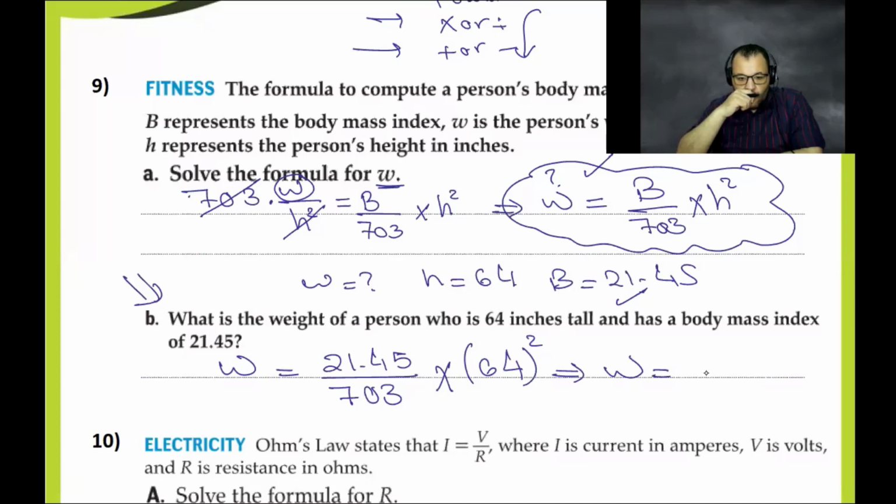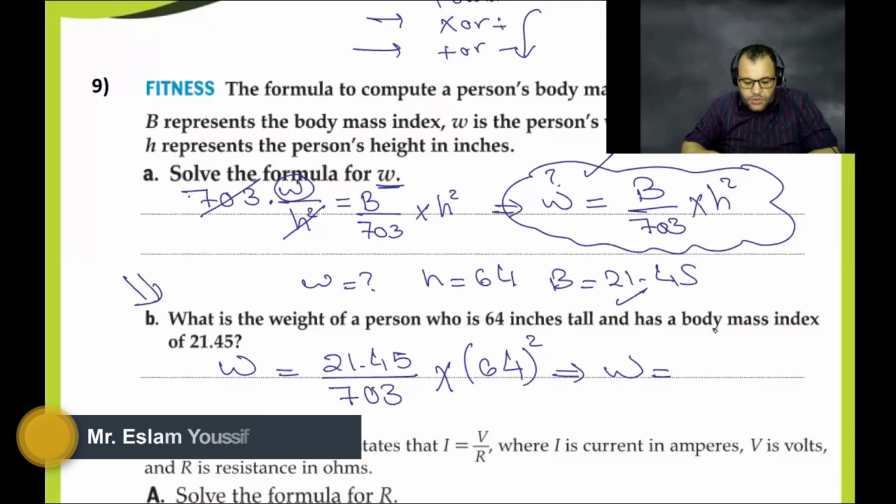It is 124.97. No, I need the answer, just one step using the calculator. Write it. The answer is 124.97.